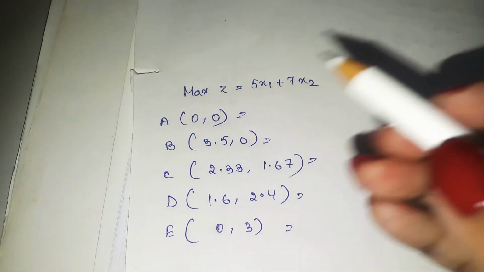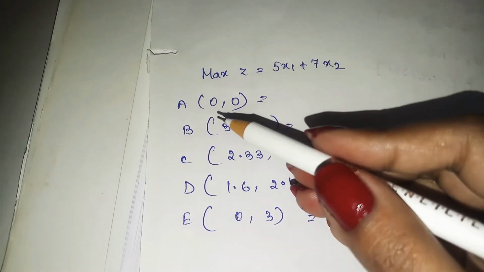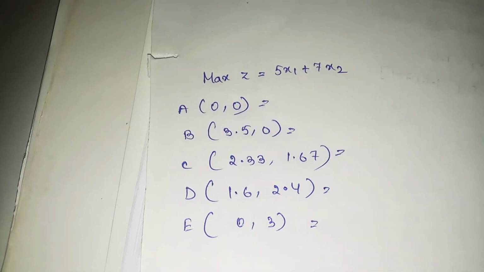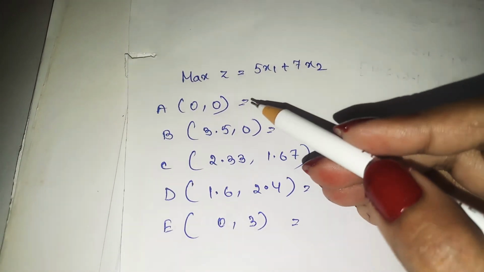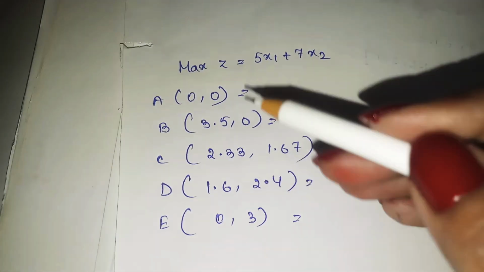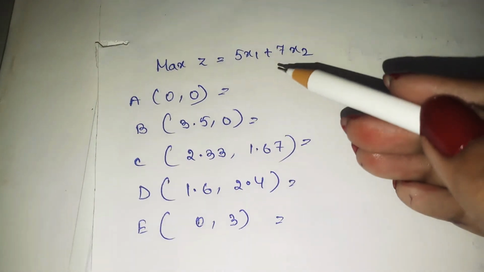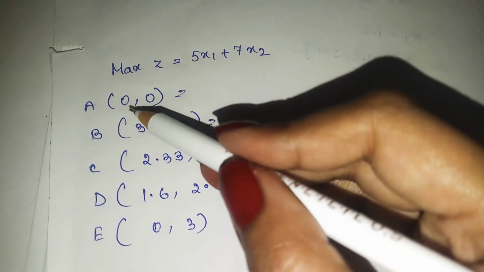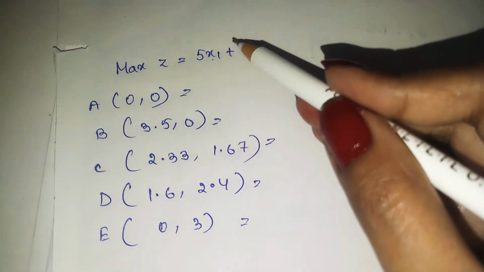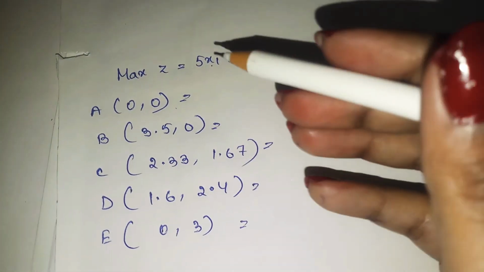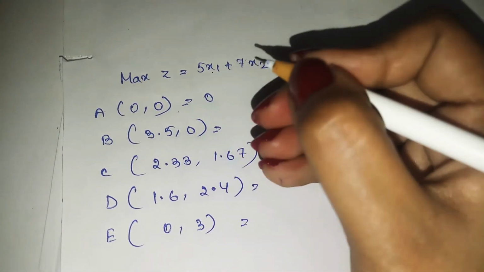Okay guys, as you can see, I have written all the coordinates, that is the IBFS coordinates, right? For the first one, these are all x1s and these are all x2s. This is the objective function. What I need to do is simply put the value of x1 in this and x2 in this. I have to do it for all. So first one, obviously this will be 0.